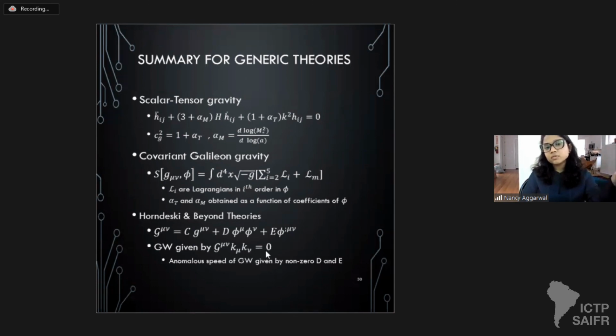So if the gravitational wave speed was different from the photon speed, that means that D and E would have to be non-zero. But on the other hand, if the gravitational wave speed was the same as c, then you need some very interesting trickery to have the exact cancellation between D and E, because the tensorial structure of these two terms is different.